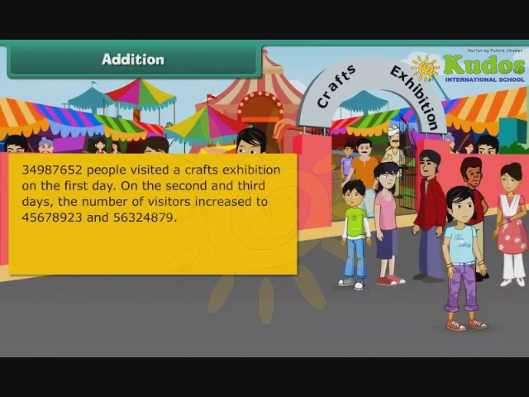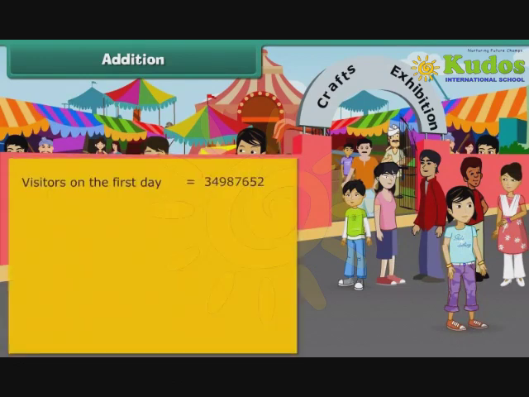Let us now look at a word problem of addition. 34987652 people visited a crafts exhibition on the first day. On the second and third days, the number of visitors increased to 45678923 and 56324879. How many people visited the exhibition in all? Visitors on the first day is equal to 34987652.